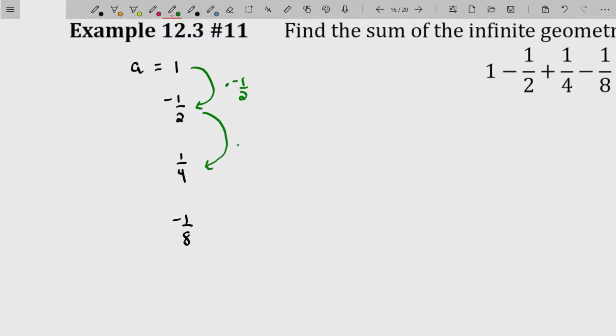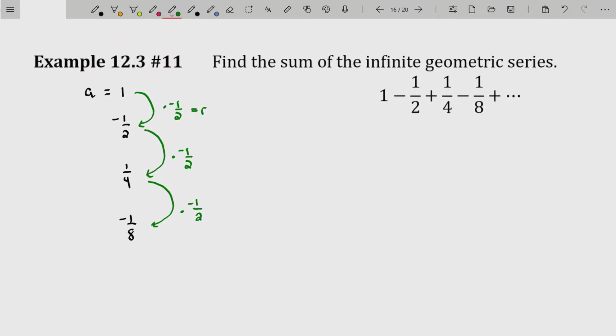You need to double check that multiplying that by a negative 1/2 will get you to positive 1/4, which it does. Just double check that multiplying that by a negative 1/2 will get you to negative 1/8. So it does. So we know our common ratio.